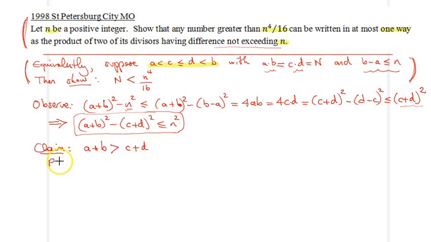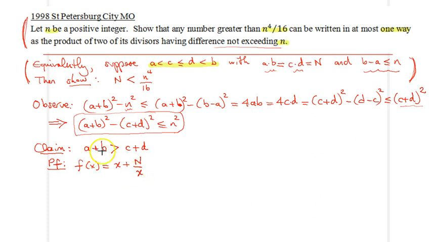And the proof is actually not too hard. So all we need to consider is the following function. So consider the function f of x equals x plus n over x. And why should I consider that?